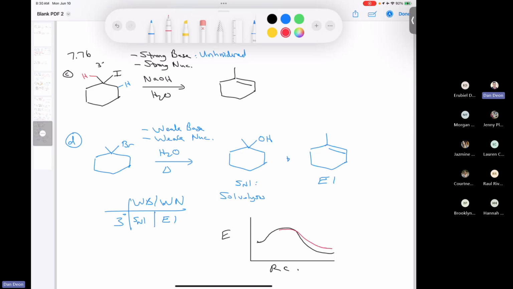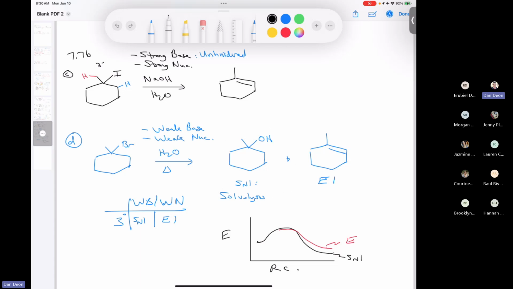And what it said is that one of them was lower in energy. So I think the way that they put it is they said the E1 or the elimination products were actually higher in energy, and that the SN1 was lower in energy. So you might think, well, then that means this is going to be the major product.